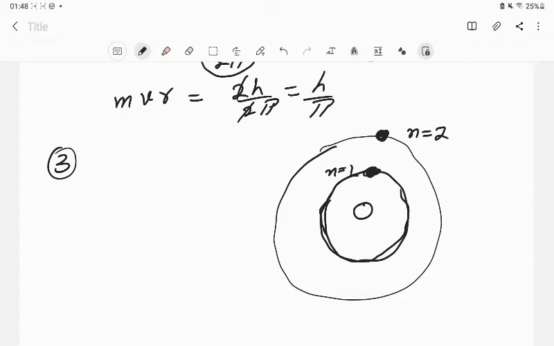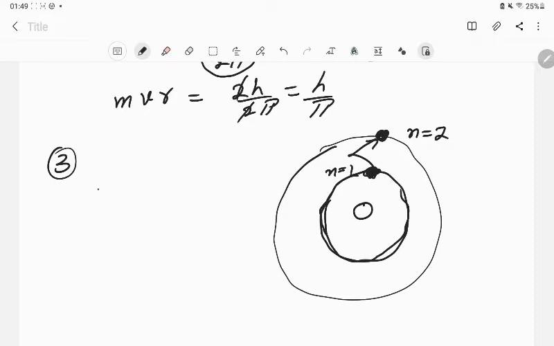So when an electron jumps to a higher energy level, like this, from the first orbit to the second orbit, that means when an electron jumps from one orbit to another orbit, it will either release energy or absorb energy.